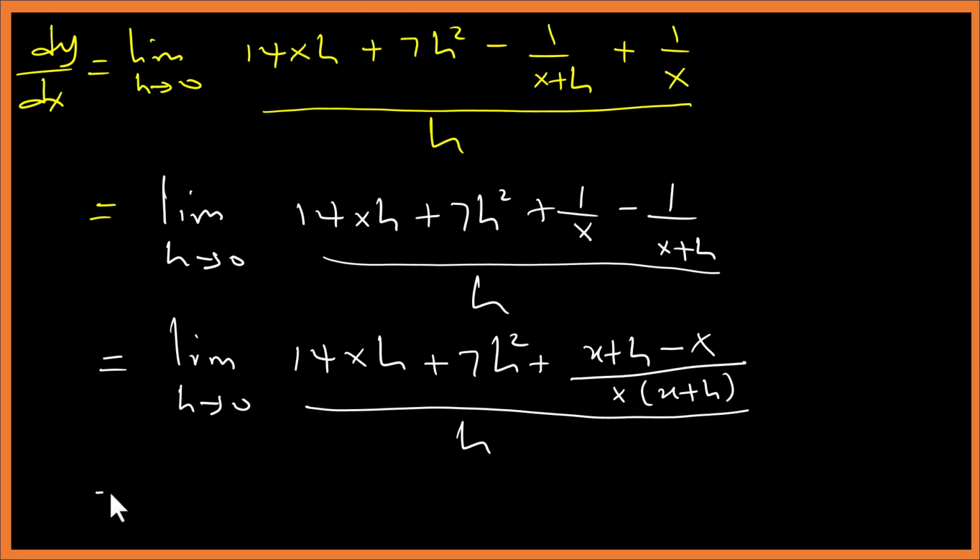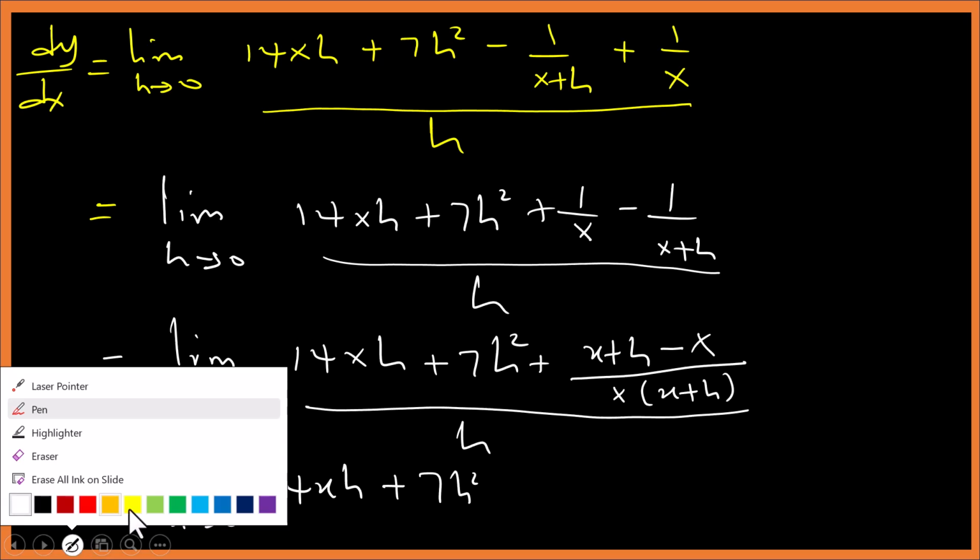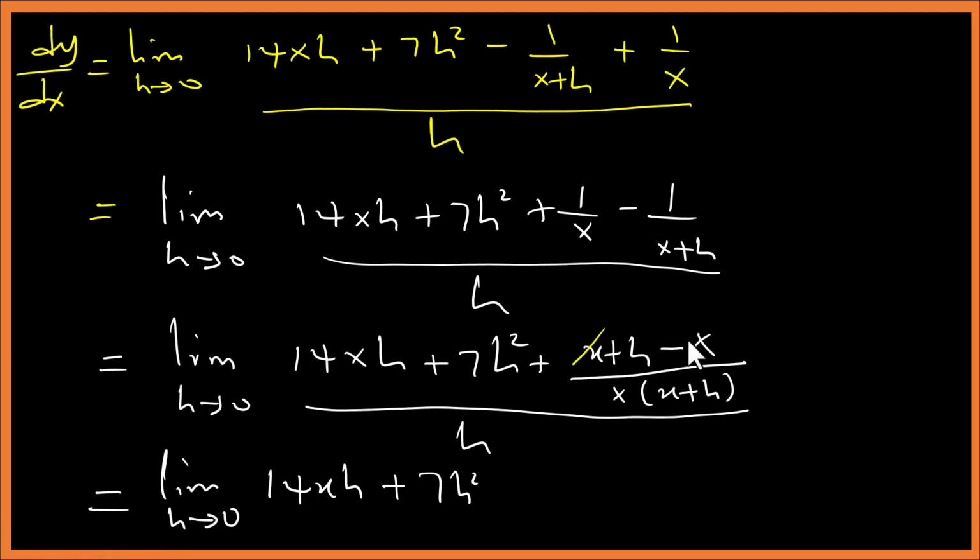So from here, limit as h approaches 0 of 14xh plus 7h squared. This one will cancel: x minus x, so I will leave it as plus h on the denominator.